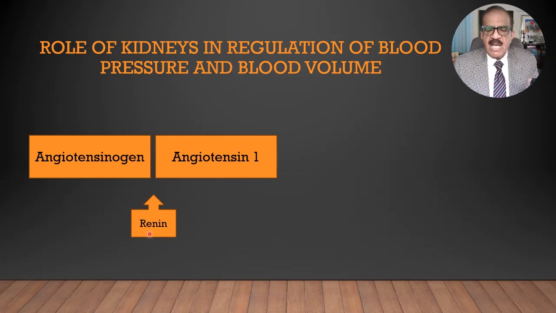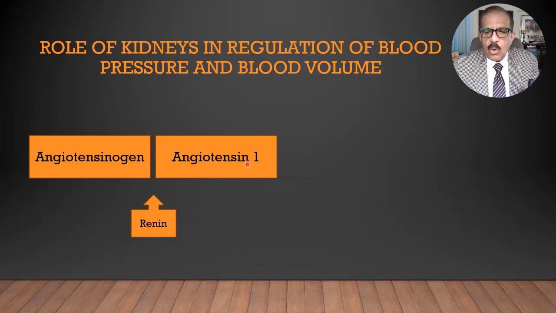This renin is produced by kidneys in response to dehydration, hypovolemia, hypertension, water depletion and sodium depletion. So all these things tell the kidney to produce more renin, and renin would convert angiotensinogen into angiotensin 1.